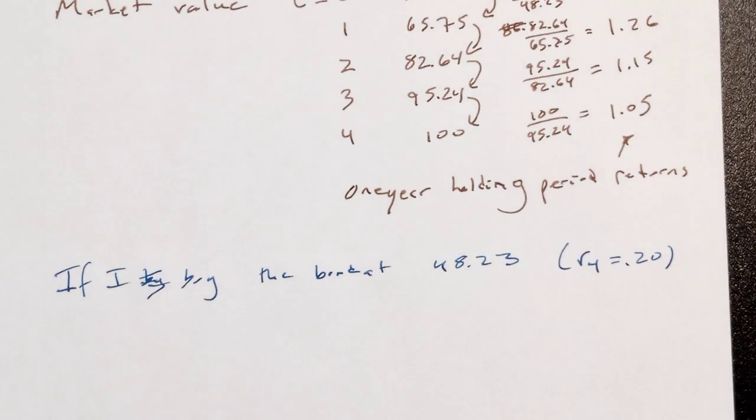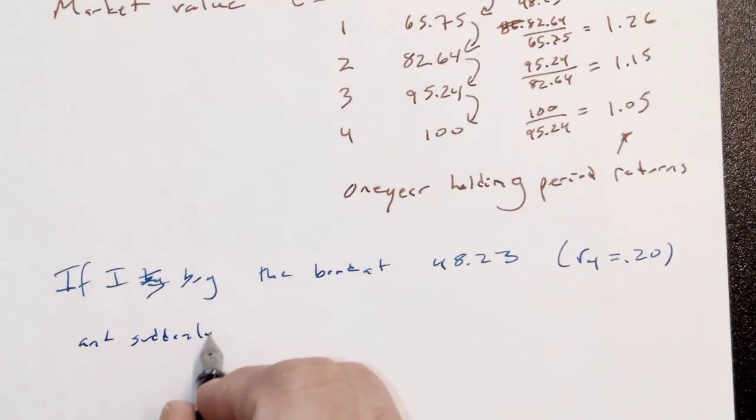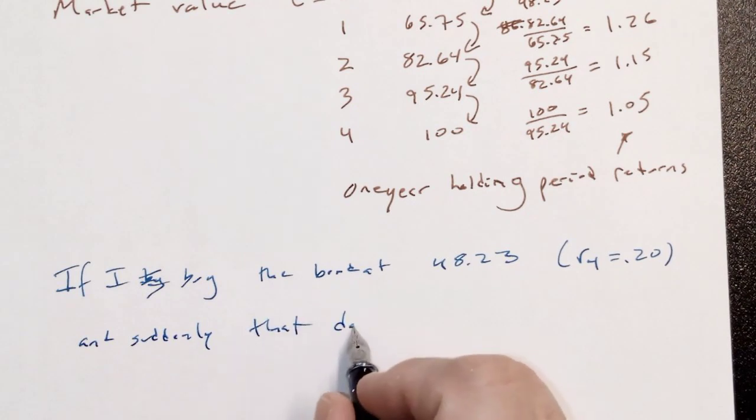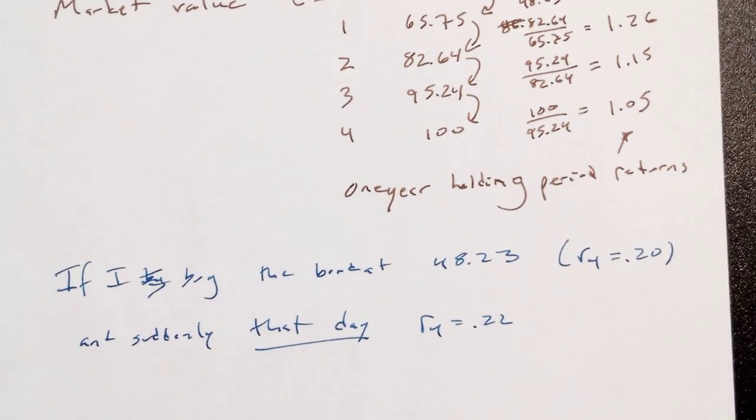But today happens to be the day that the Fed announces rate changes. And all of a sudden, by noon, they've made their announcement. And the rate changes. Then my market value should be different.